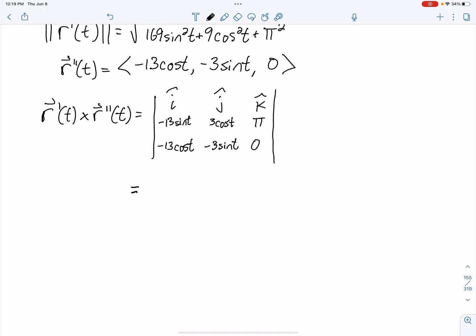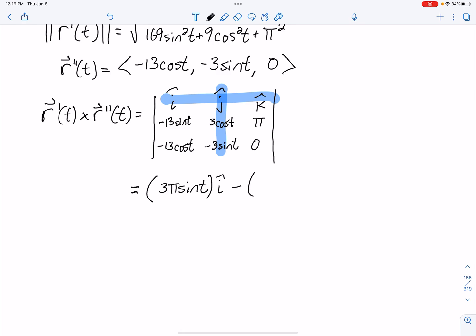Okay, so cover up the i column. I'm going to do this a little quickly to keep the video kind of short. Here's that. We're going to get a positive 3 pi sine t i. All right, I do the next one. Cover that one up.